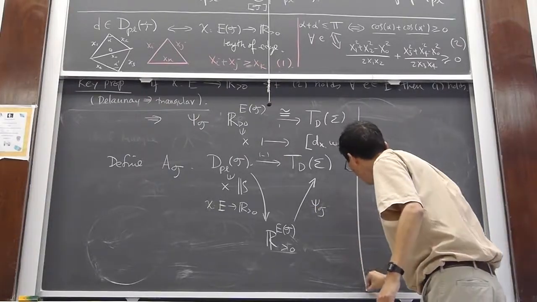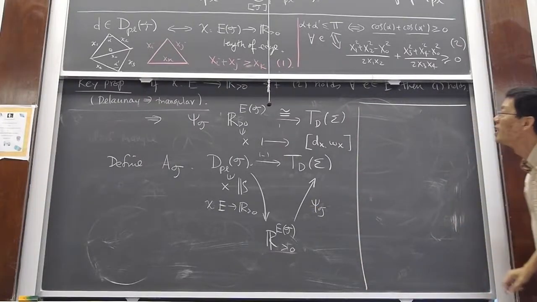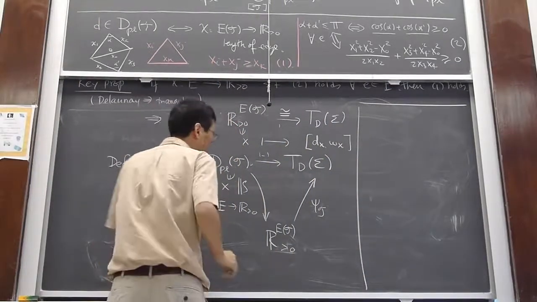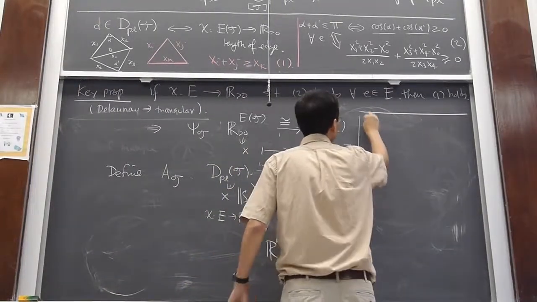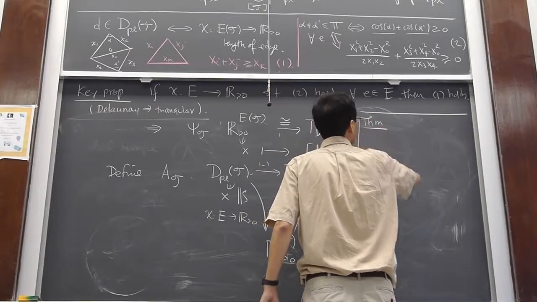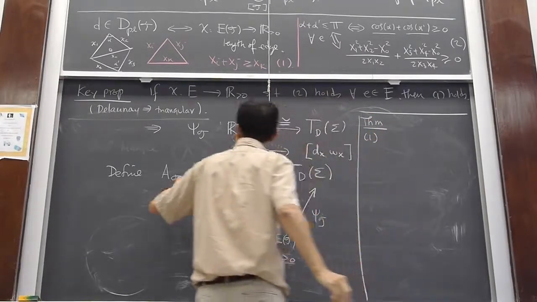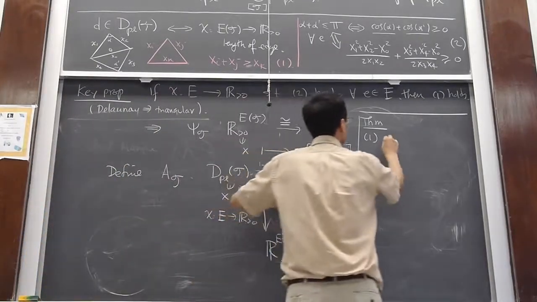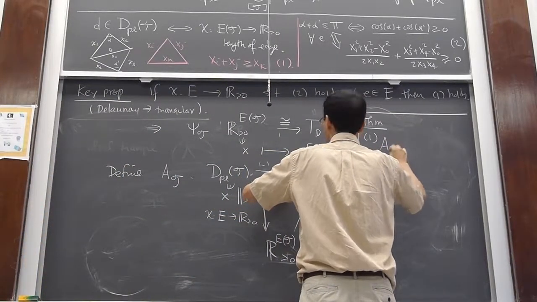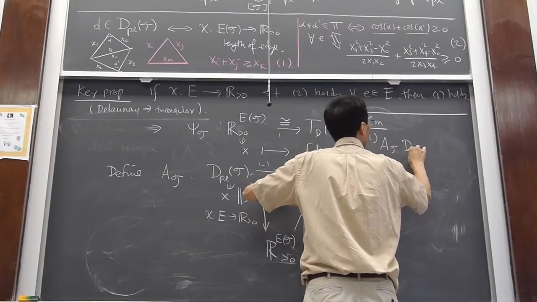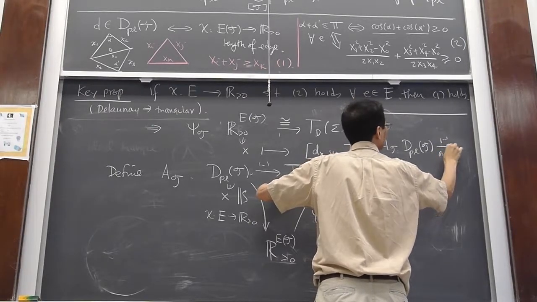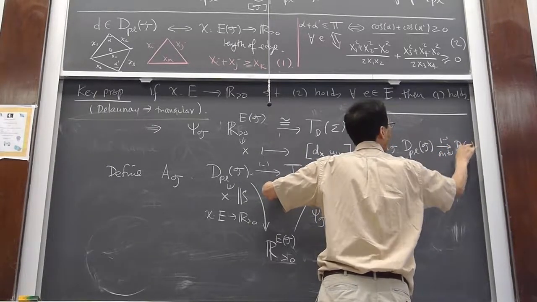So here is a key theorem, and that's coming from this proposition. This is the theorem. This map sends Euclidean Delaunay one-to-one onto hyperbolic Delaunay.